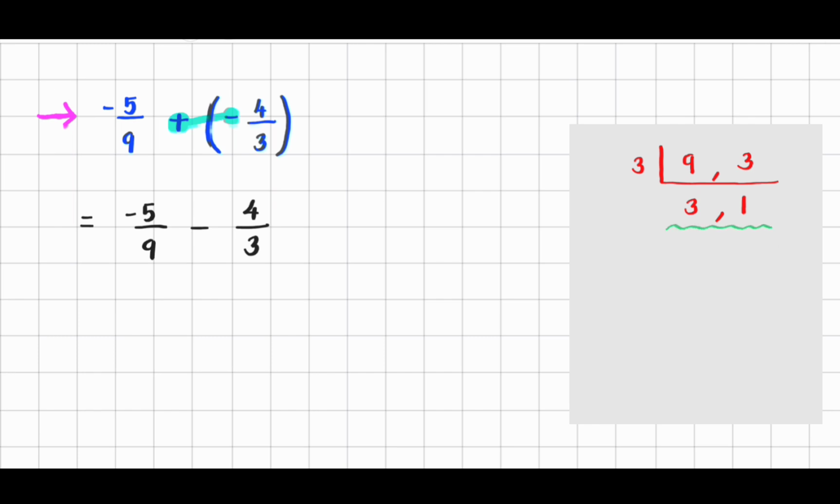That's our endpoint. This is the process to get LCM. So I am going to make a big L with the outside of my division ladder, and all those numbers that are contained in the L, just multiply them all together. So LCM is going to be 3 times 3 times 1, which equals 9.